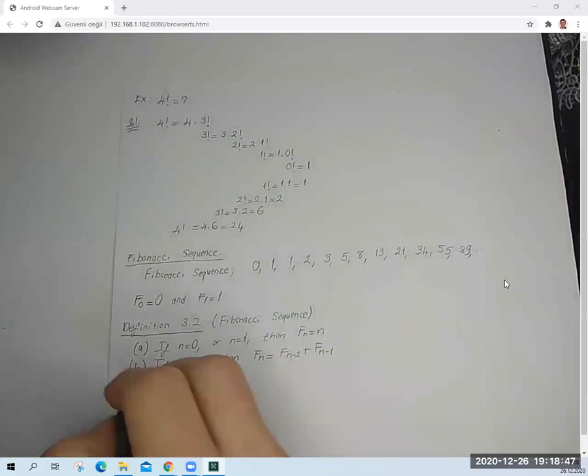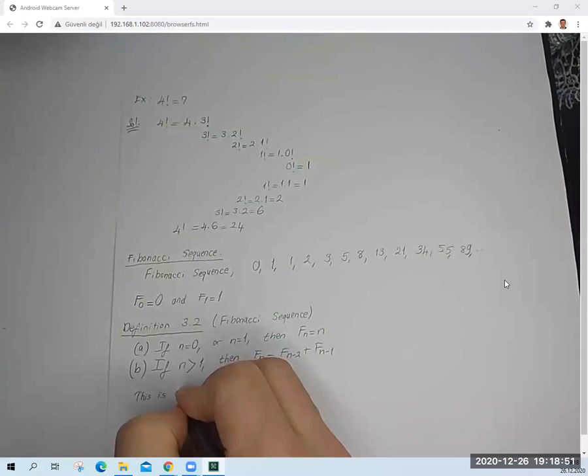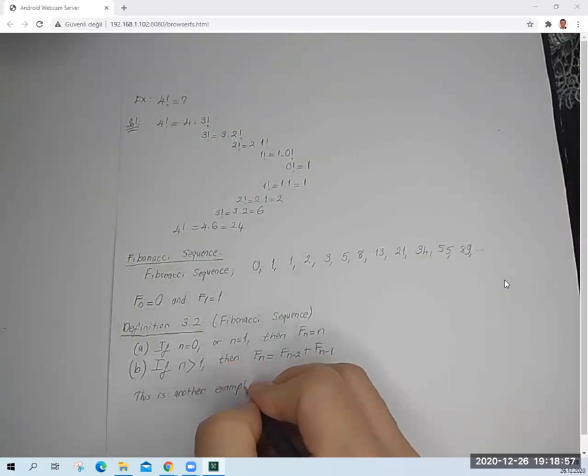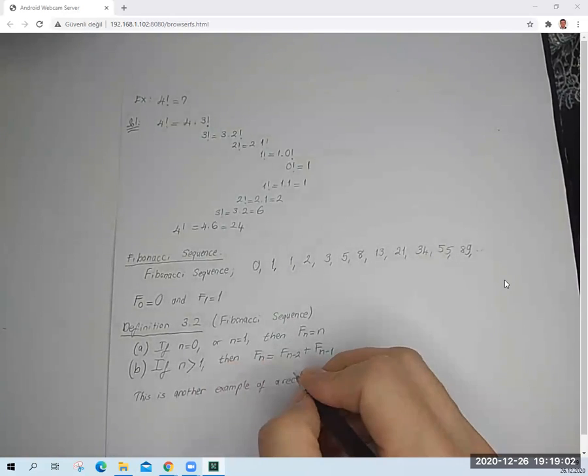So there is also a recursive definition.